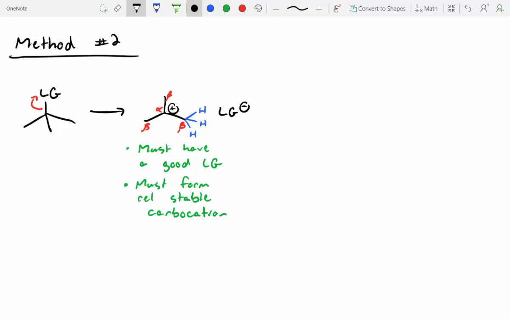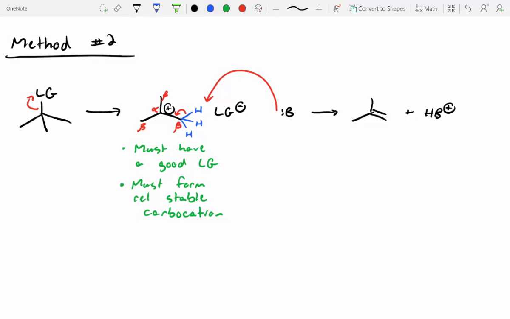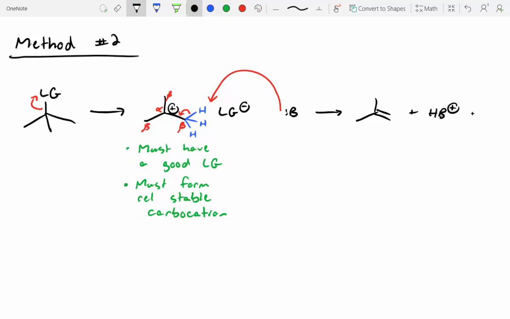And if we have a base around, this base can reach over, grab one of those beta protons, clamp down, and we can form our alkene, our conjugate acid, and in this case we also have our leaving group floating around in solution.